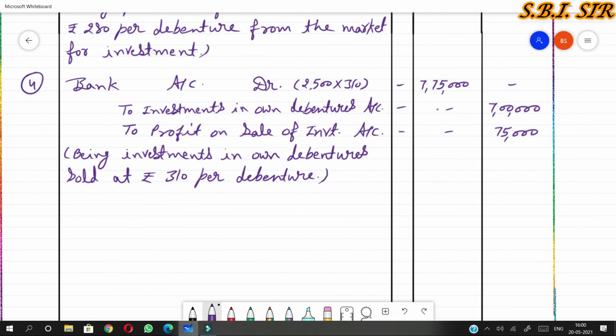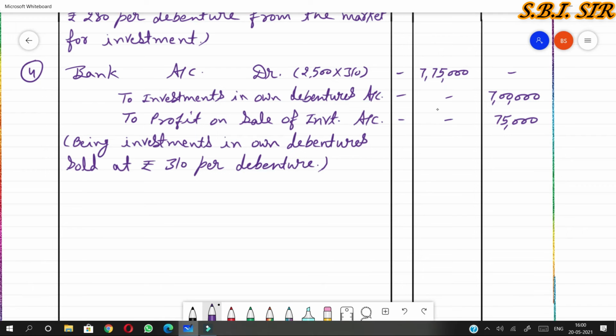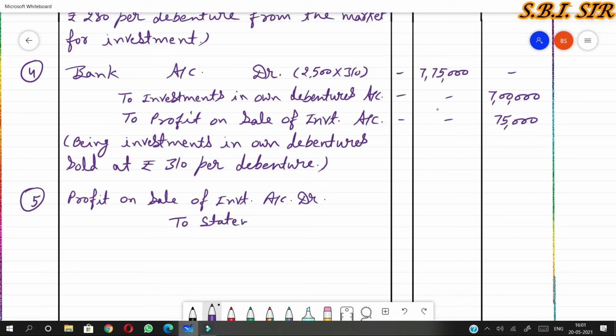Then in the last entry we will transfer profit on sale of investment account to statement of P&L account. So profit on sale of investment account debit, to statement of P&L account.